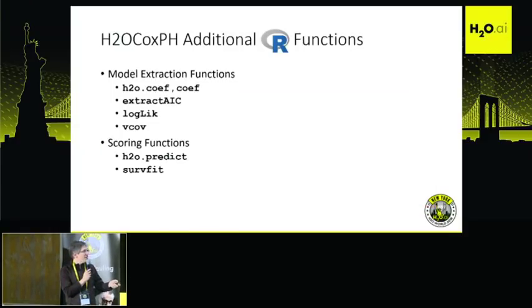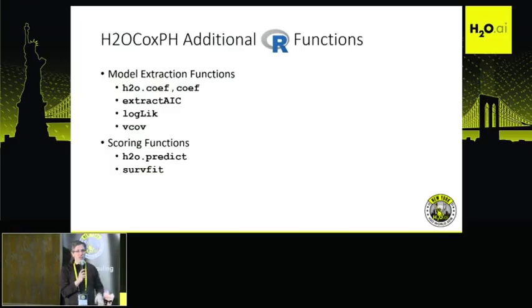And then the last thing I wanted to mention is the functions that are also associated with this. Now, currently this is an R-only implementation. Well, R interface only usage, I should say. The back end is still all happening using our high-performance Java in the H2O cluster, but we just have an R interface.